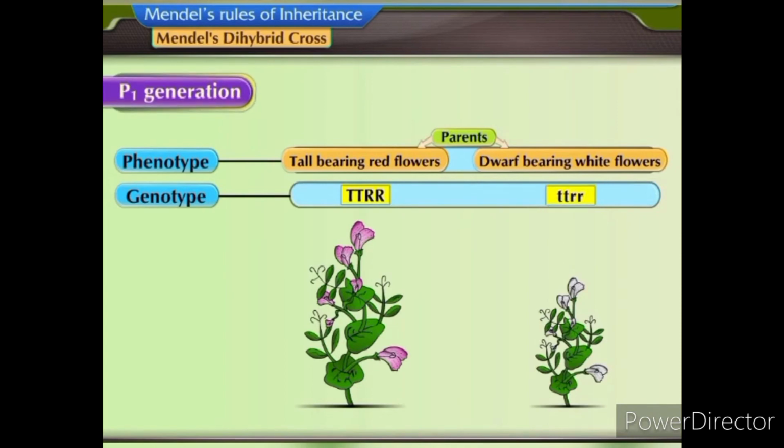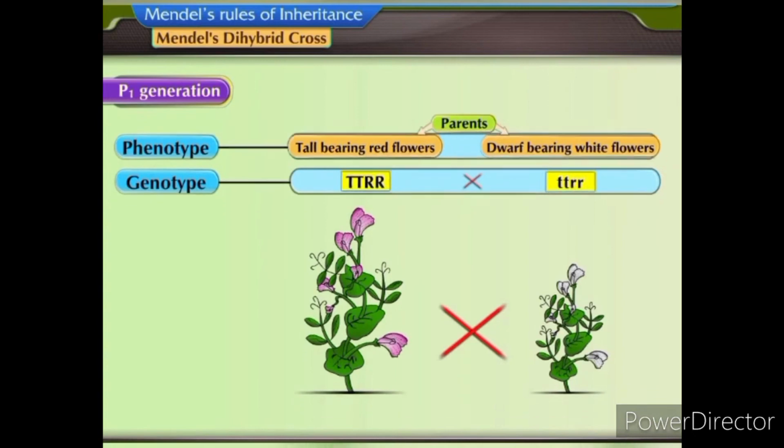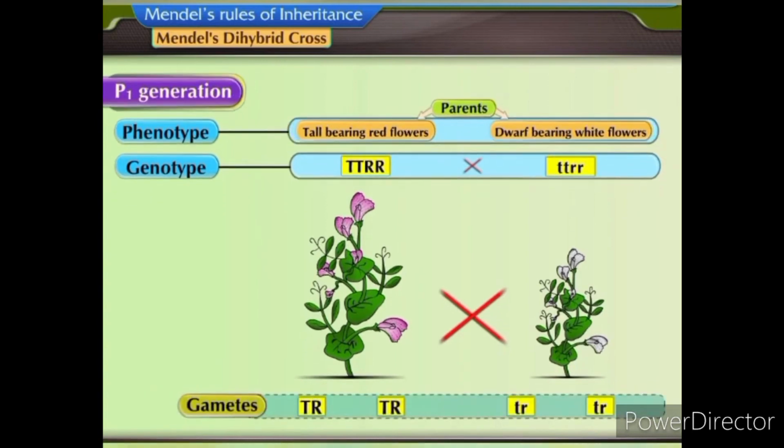P1 generation of plants is represented by TTRR and small t small t small r small r. These 2 parental plants are then cross-pollinated, that is, TTRR cross ttrr. Gametes produced by P1 generation are TR and small t small r respectively.